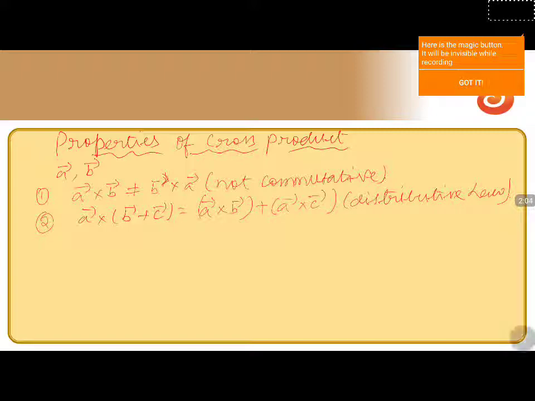And coming to the third one, in order to define the vector product between two vectors A and B, we will take two scalars also.